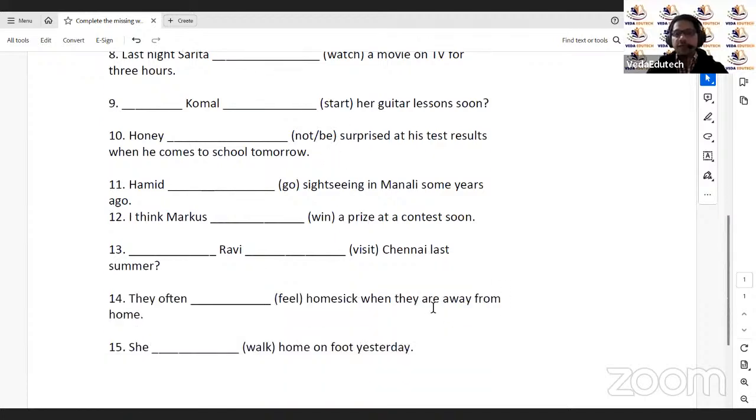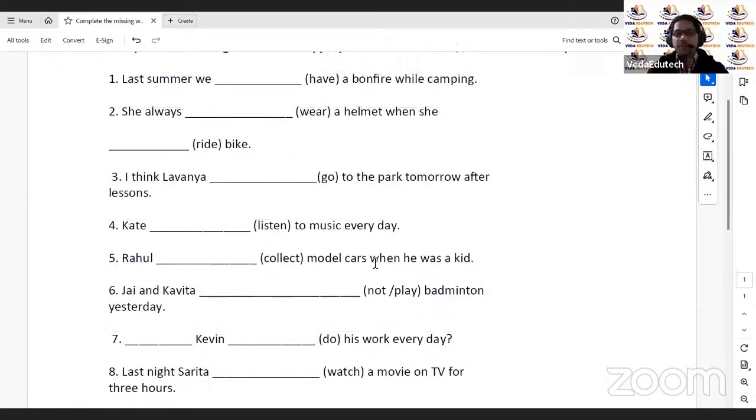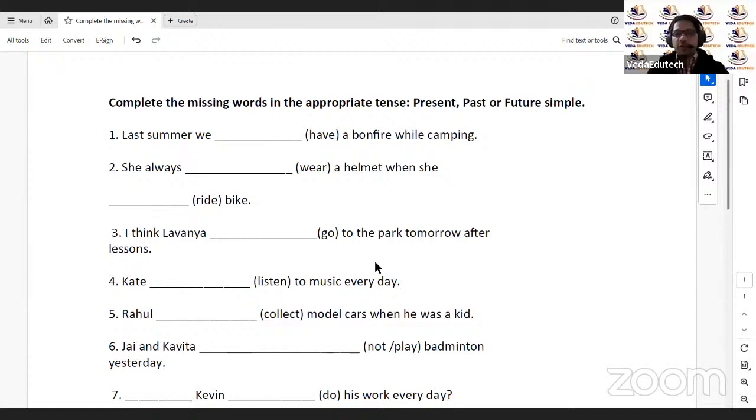Remember, if you see a question mark, it means you have to ask a question. You have to see the signs, signs that help you understand whether you have to use present, past, or future. Don't get confused.